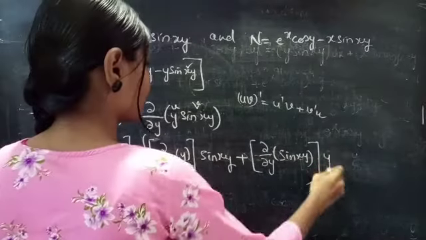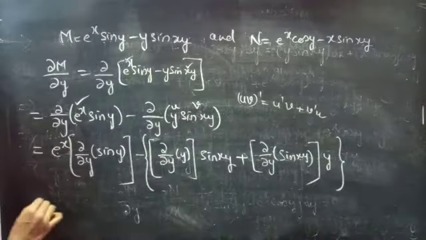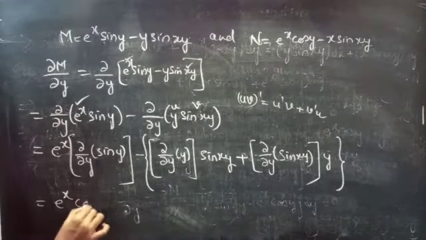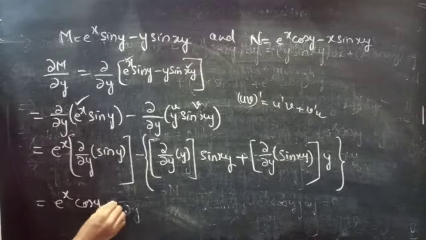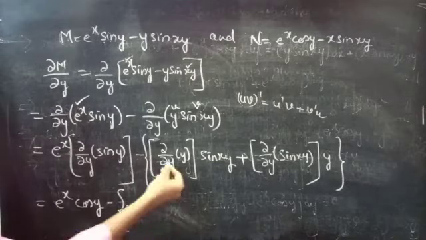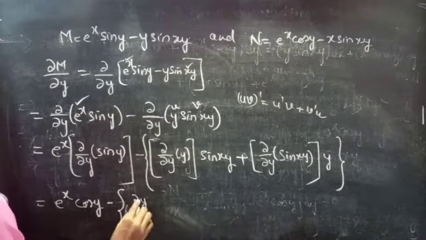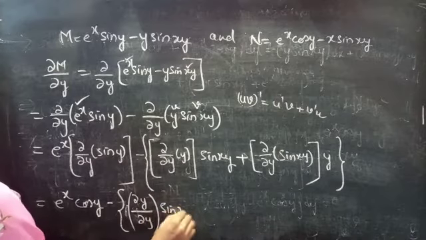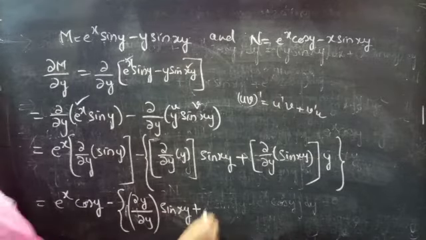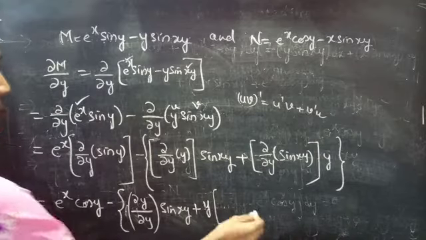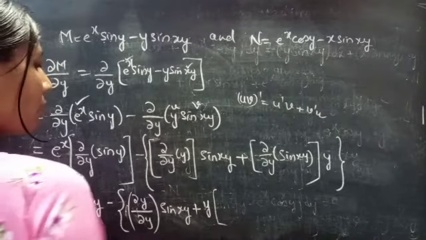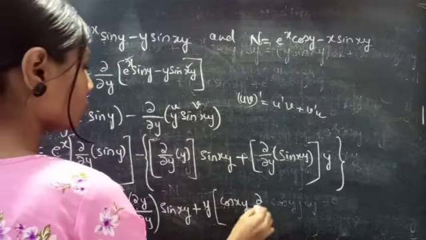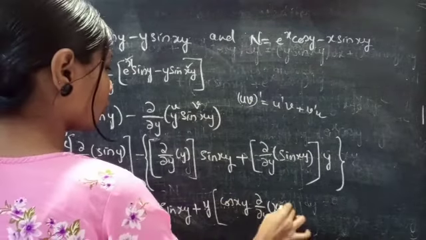This equals e^x into the derivative of sin y, which is cos y, minus of ∂y/∂y into sin(xy) plus y times the derivative of sin(xy), which is cos(xy) into the inner derivative ∂/∂y of xy.